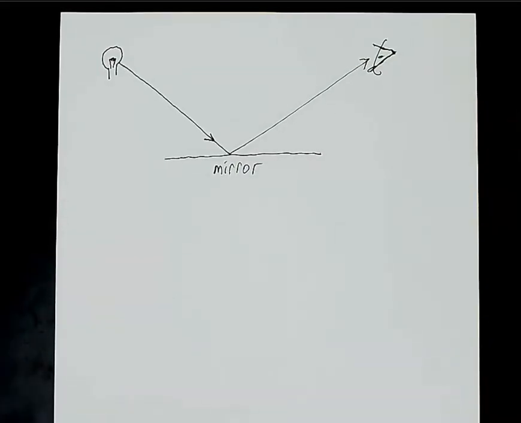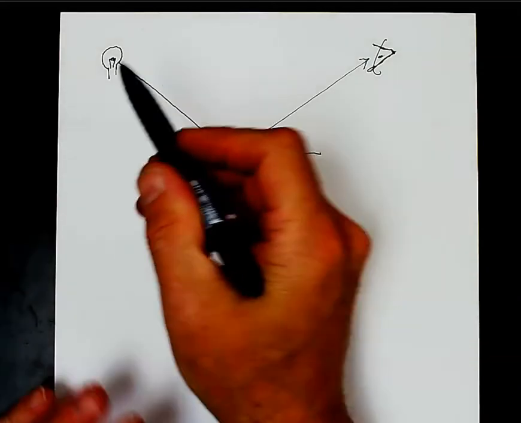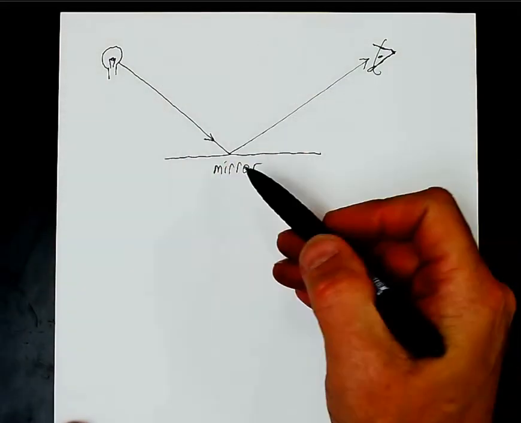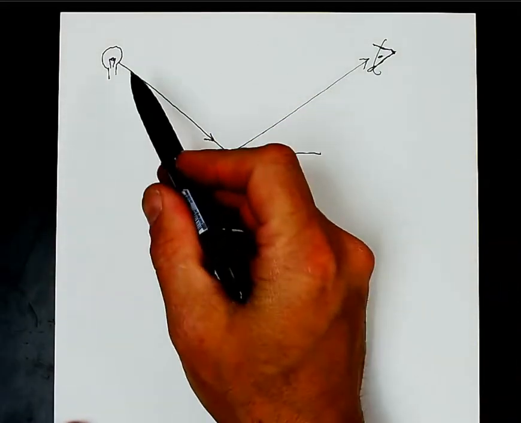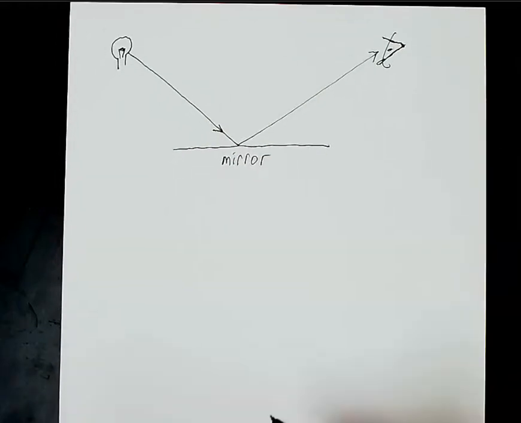So there's a very simple ray diagram of light from a light bulb reflecting off a mirror and coming to my eyeball for me to see it. This could be anything that light is reflecting off of. You look into the mirror and you see its reflection. That's what's happening. The light is reflecting off the mirror and coming to your eye.